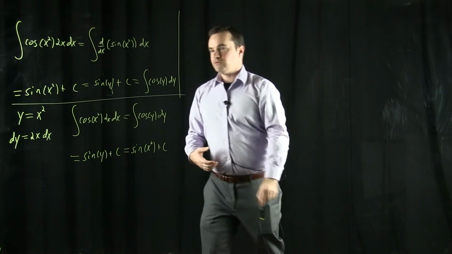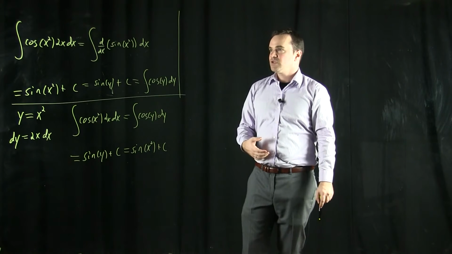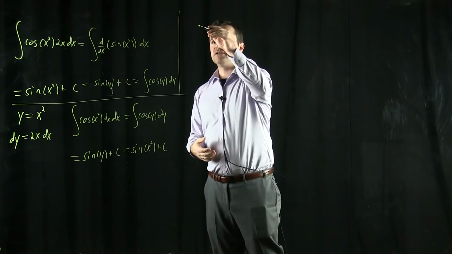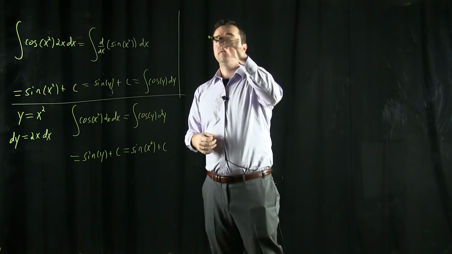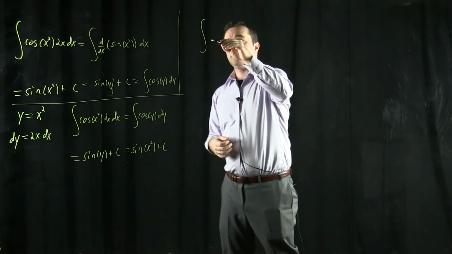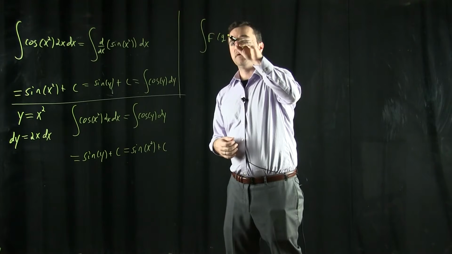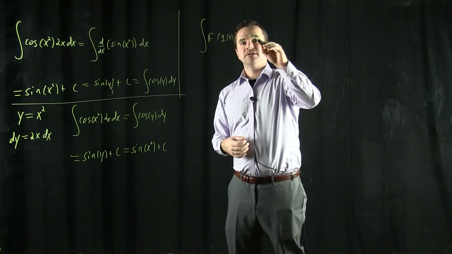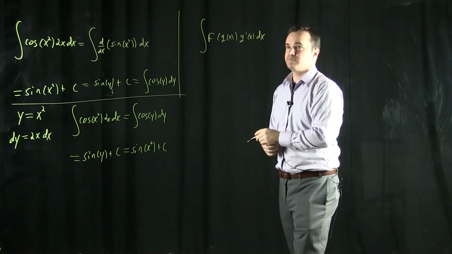So I want to show you, first of all, what's the general formula. In complete generality, say that you have the integral of f of g of x times g prime of x dx.